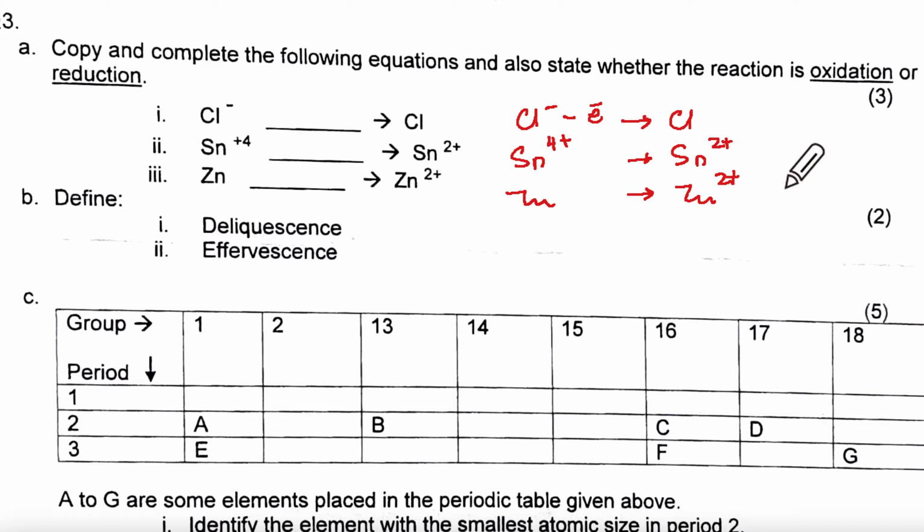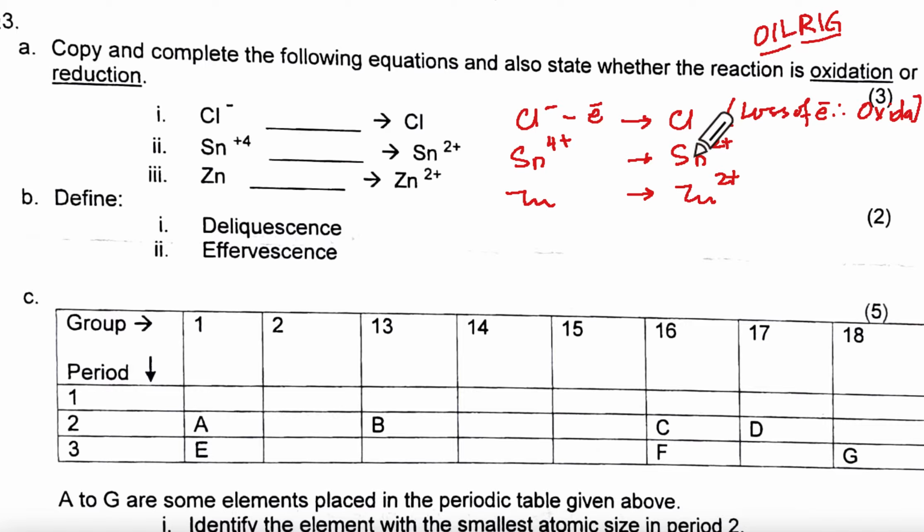Did it make sense to you? Yes, ma'am. Now remember, oxidation is loss, reduction is gain. Correct. Is this loss or gain? Loss. So what will you say over here? Loss of electron, therefore it will be oxidation.